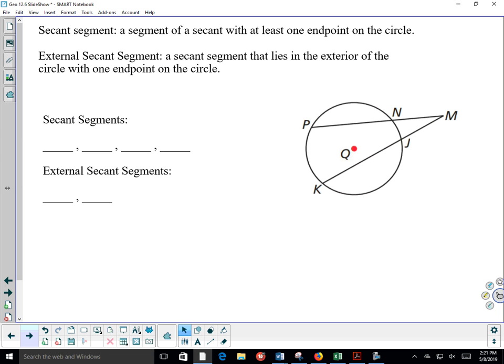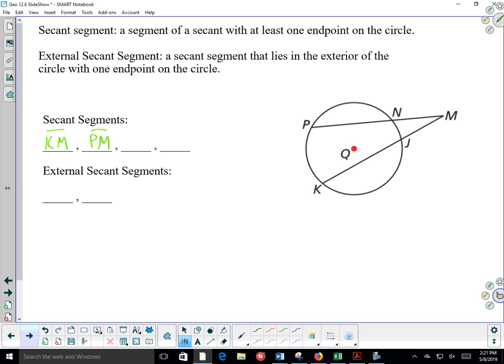Okay, so help me out with what are the secant segments here, Evan? Line KM. We're going to say segment KM. Yes, what else you got? Segment PM. Okay.